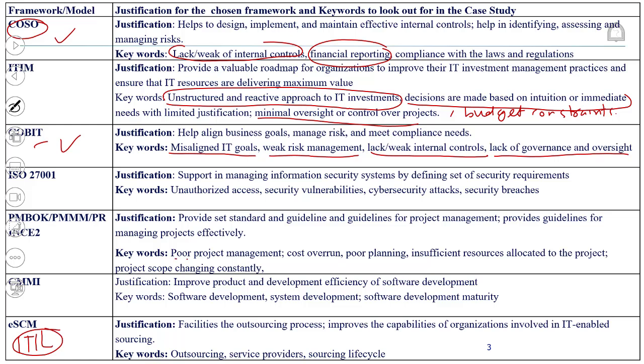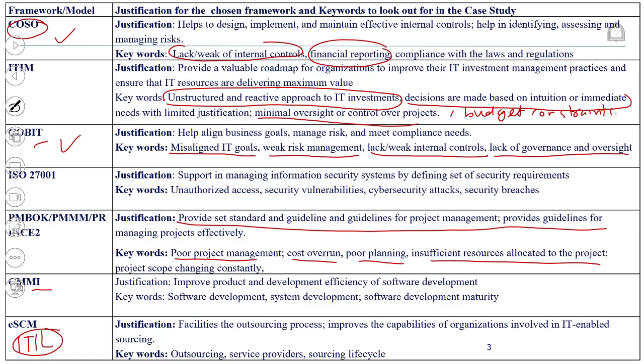So, poor project management, cost overruns, poor planning, insufficient resources, if you see those, think about any of those frameworks, and you can provide that as your justification, okay? CMMI is mainly used for software development.